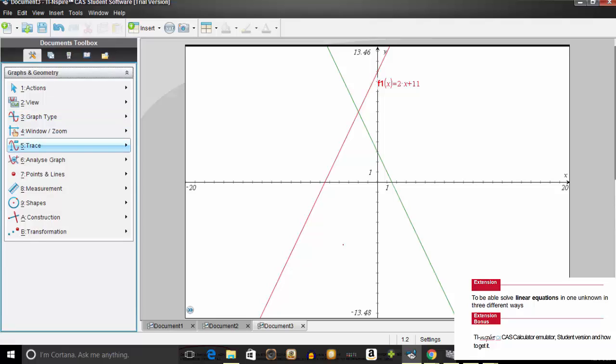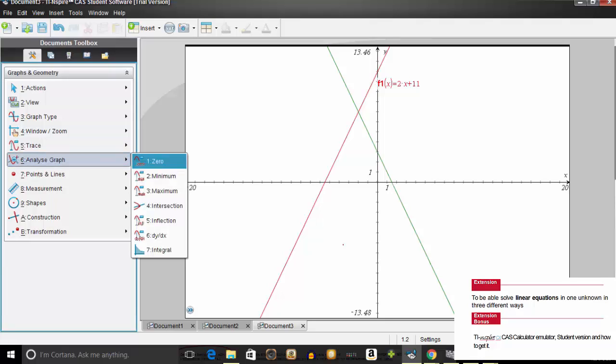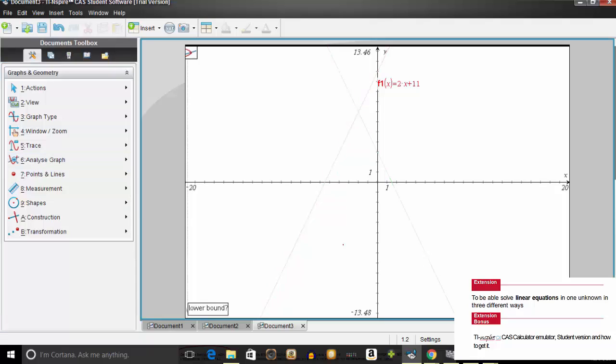As you can see here, we've got the option to trace. So we can trace all or trace that, trace that. We can also analyze the graph. You can find where it is 0, where the minimum is, where the maximum, and we can also find the intersection. So we are telling it to find the intersection.